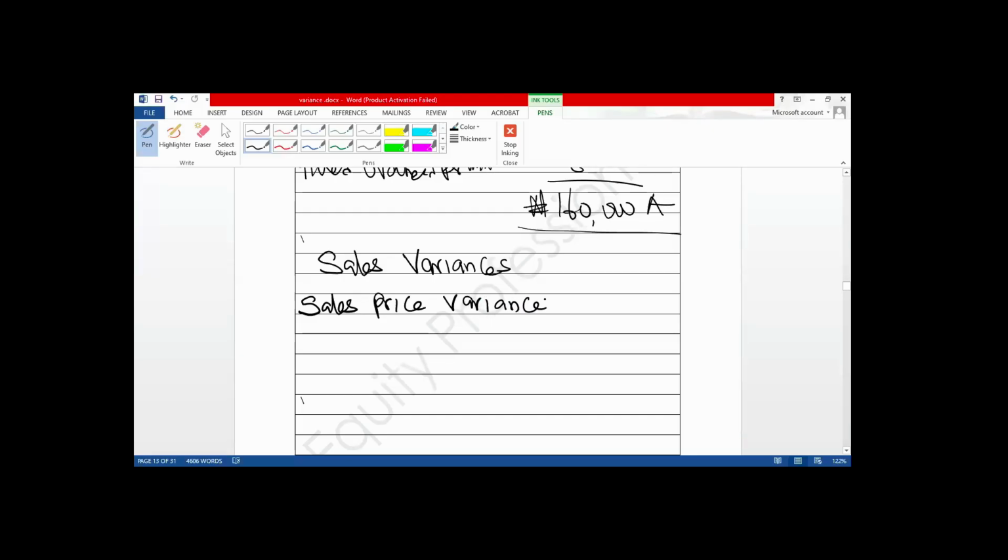Actual selling price minus standard selling price. Go to the actual table and pick the actual selling price.